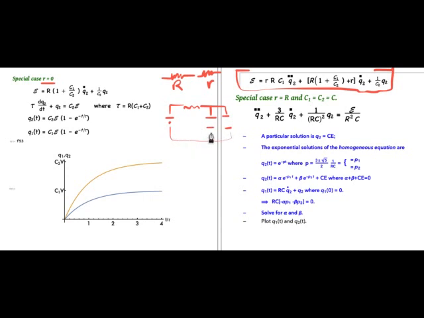So that's a special case. We can see from the picture, C1 and C2 are going to be exactly alike. They appear in the same way in the two problems. So there's C1 and C2.